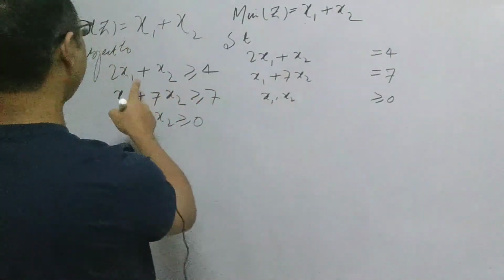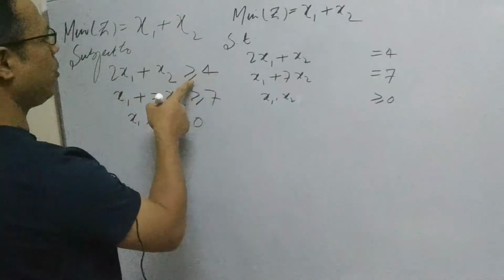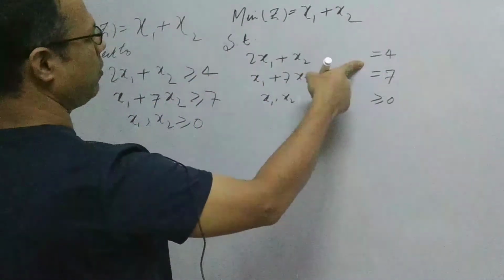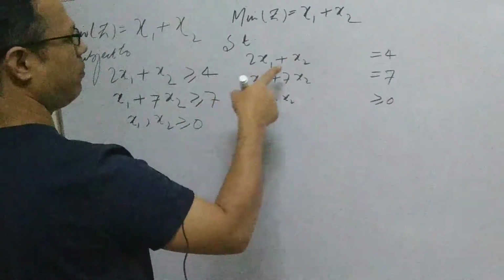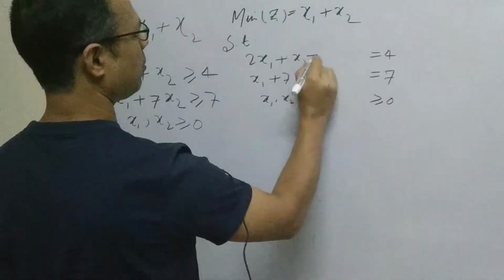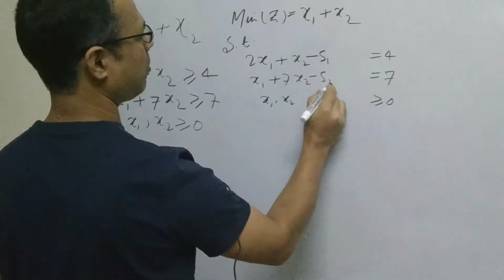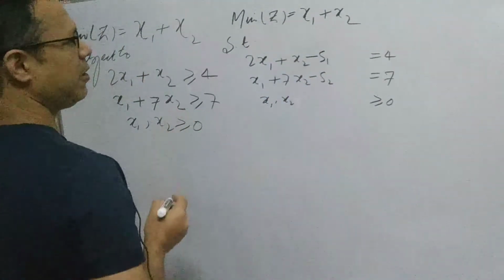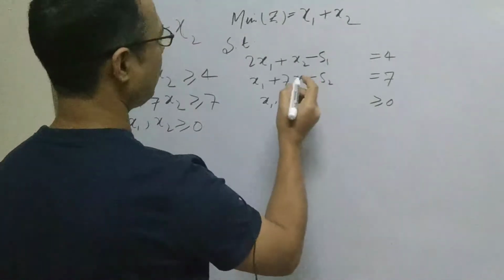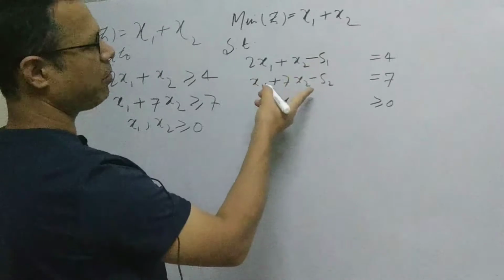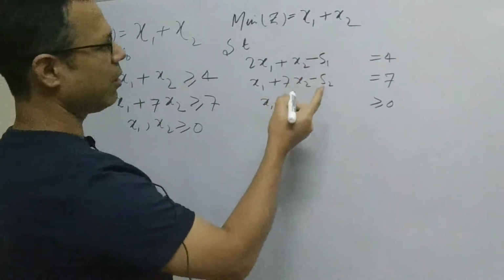Here, because these constraints have been given in the form of greater than or equal to inequalities, and we need to change these inequalities into equations, we need to subtract some variable. We have seen in previous videos that these variables are called surplus variables, or sometimes negative slack variables.